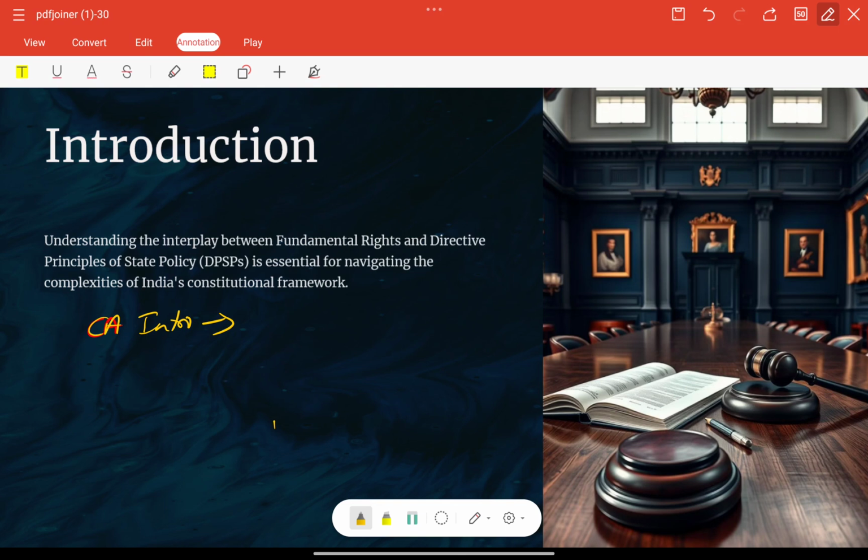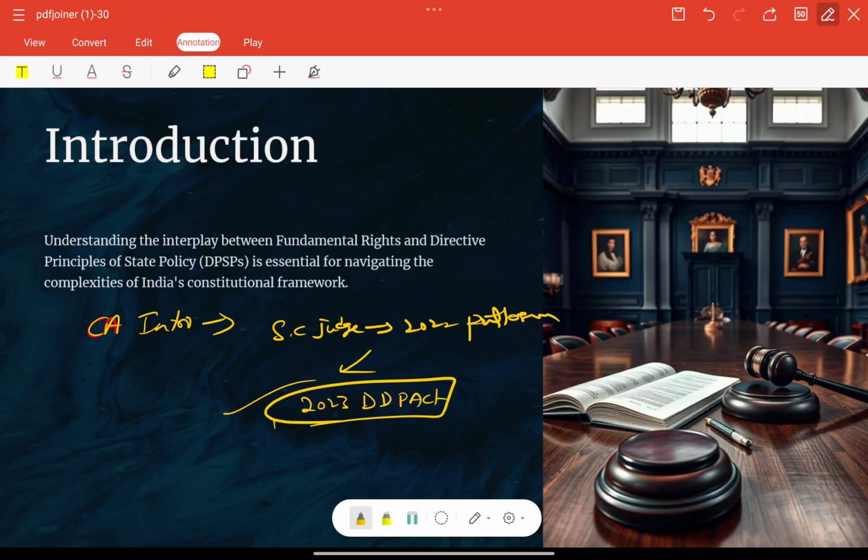For example, we can connect the important Supreme Court judgment, the 2022 Puttaswamy case. Very, very important. This led to the 2023 Digital Data Protection Act. So we can connect our DPSPs and fundamental rights in this introduction.